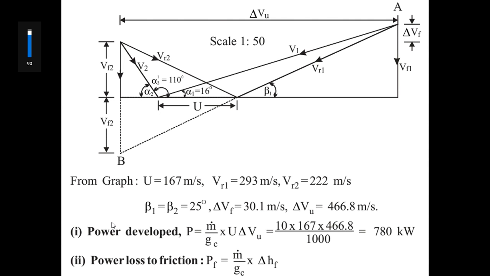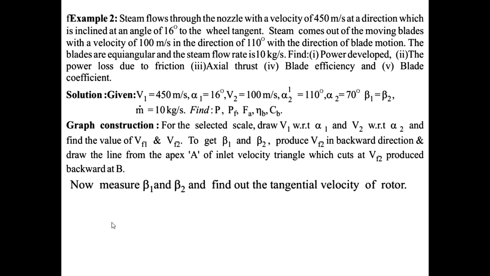Yes, sir. Okay. So simply draw a horizontal line. On that horizontal line, what we know is alpha 1 is 16 degrees, V1 is 450 meter per second. Only these two things we know at present. Alpha 2 we know, 78 degrees.